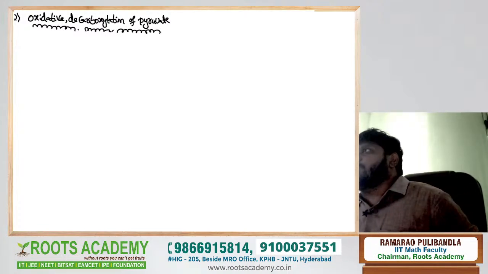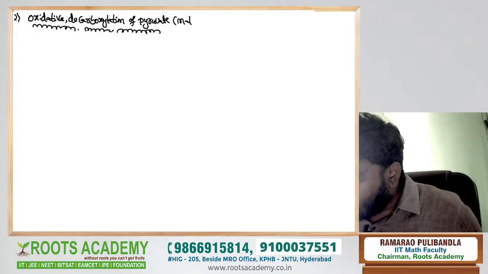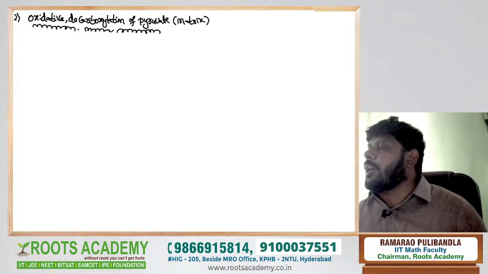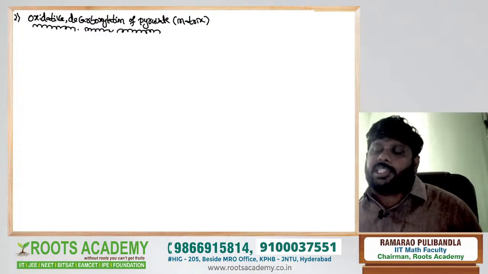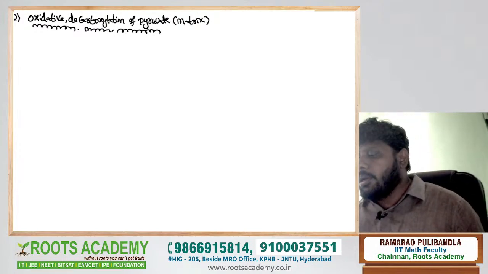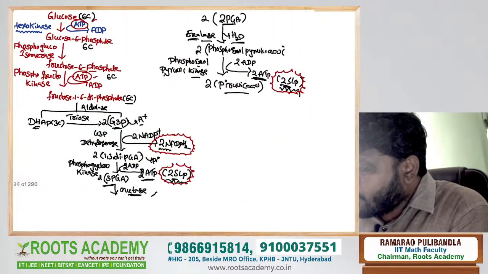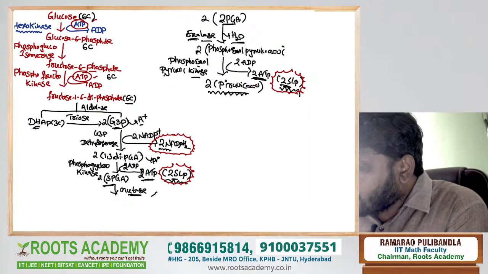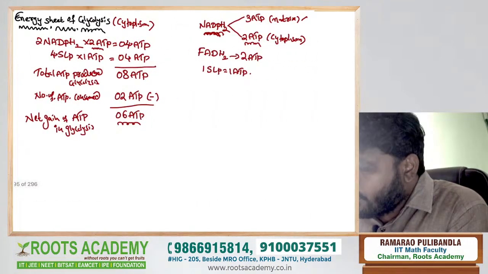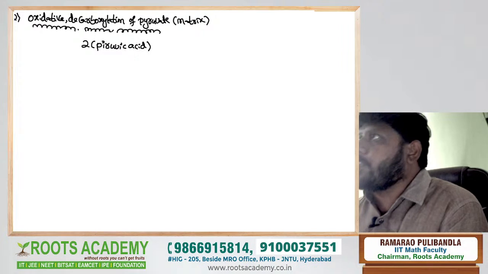So the second step is the oxidative decarboxylation of pyruvate. Where does it take place? In the mitochondrial matrix. So now at the end of glycolysis we have 2 molecules of pyruvic acid. Let us start with that.